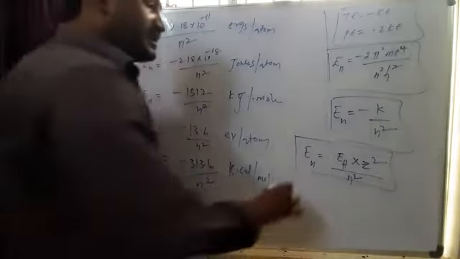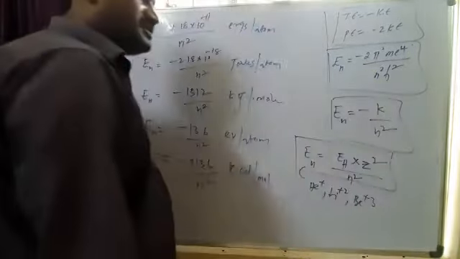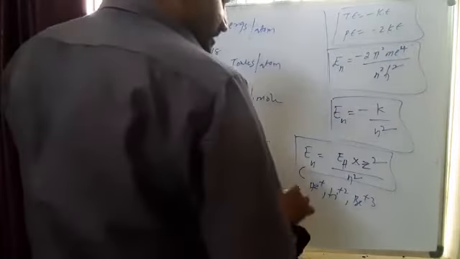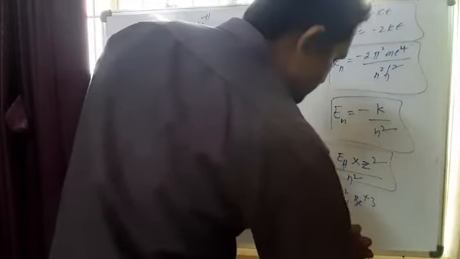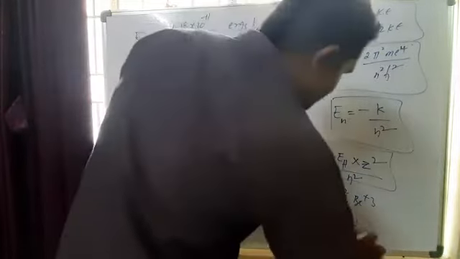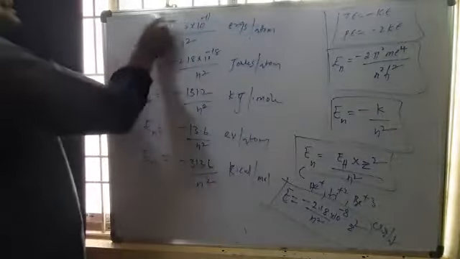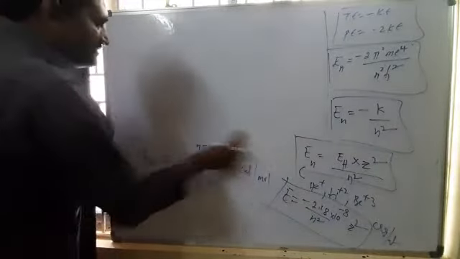This is for species other than hydrogen, such as helium plus, lithium plus 2 and beryllium plus 3, the one-electron species. You can write energy equals minus any one of these values, for example minus 2.18 by n square into 10 power minus 11 into Z square ergs per atom.